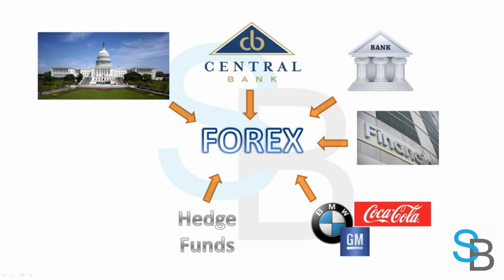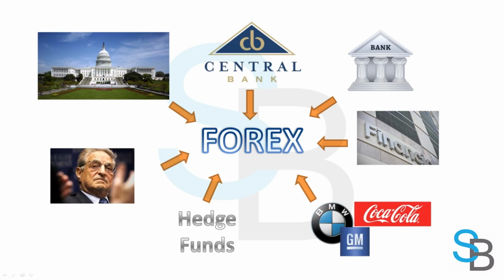So they take on large funds from investors, and then they try to trade this money on the Forex market to make profits. They earn fees, plus they earn commissions if they do create profits.